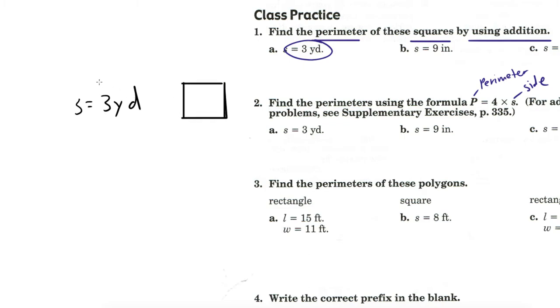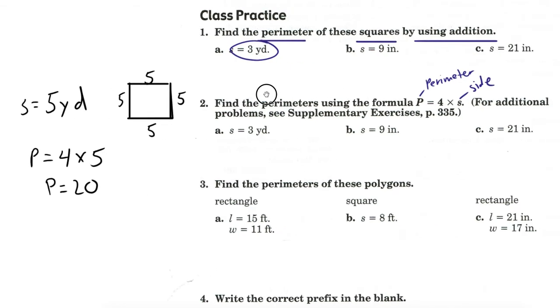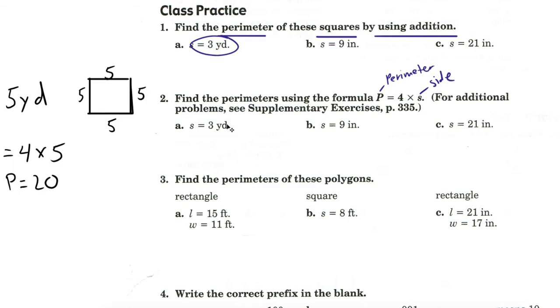Let me do a pretend problem, just do 5 yards. So if I know one side equals 5 yards, I can assume that the other 3 sides are also 5 yards. So perimeter equals 4 times S, and right here, S equals 5. 4 times 5, right? So perimeter equals 20. I don't like how they use the same numbers as number 1, but all you need to do is just multiply by 4 instead of adding it 4 times.